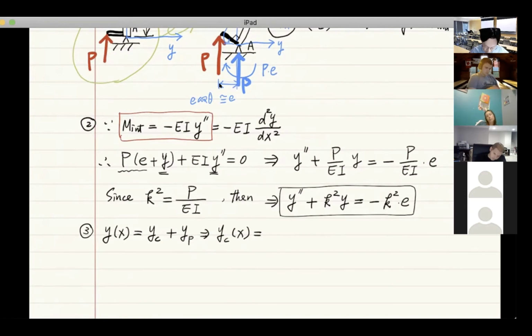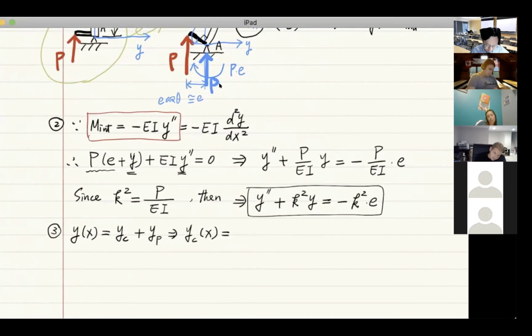It will never give you something bad in return. We know that this equals, usually complementary solutions consist of two harmonic components, and we associate them with different coefficients. The first coefficient is a times sine kx plus b times cosine kx. This is a complementary solution.